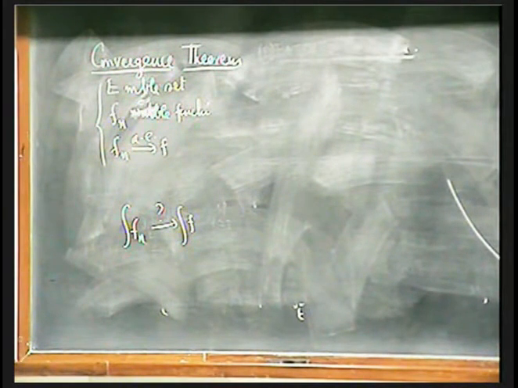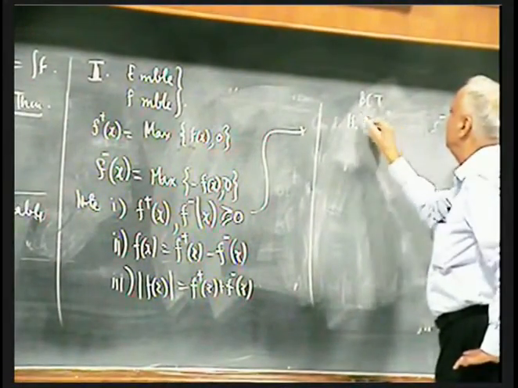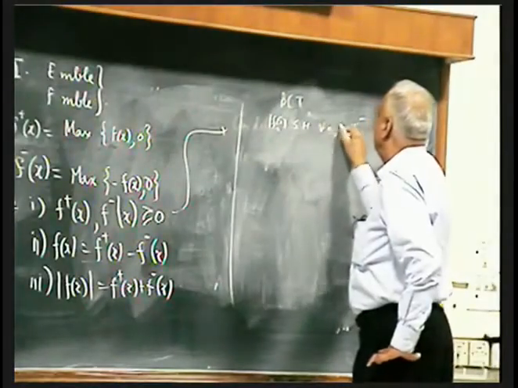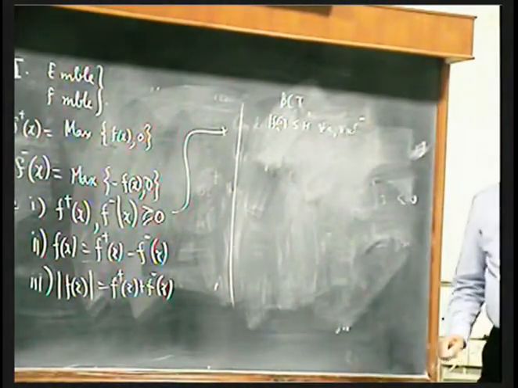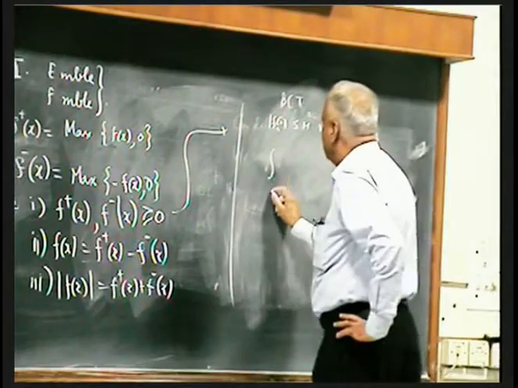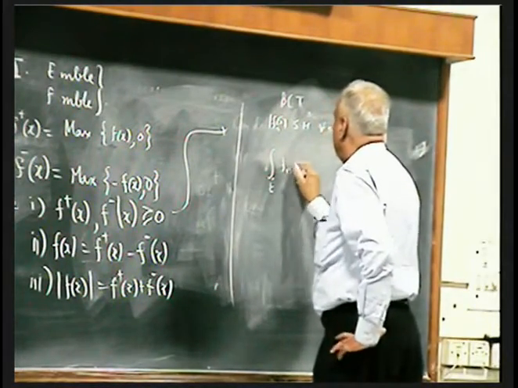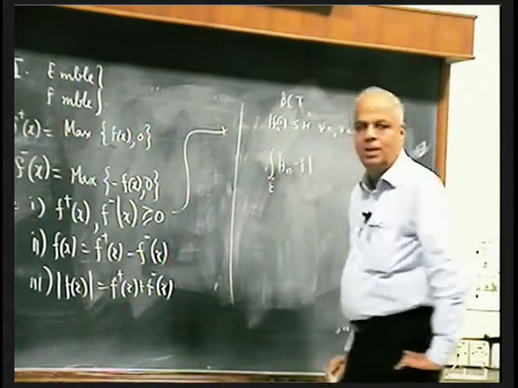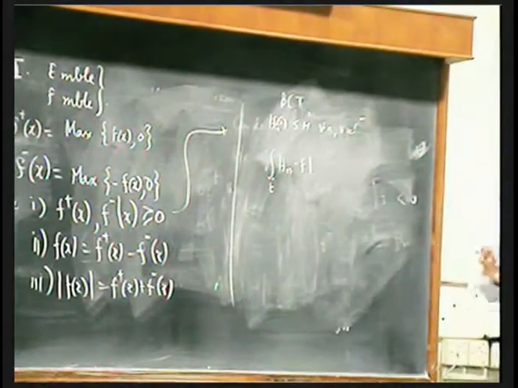If you recall, the bounded convergence theorem is a clue for the hypothesis that you need. In the bounded convergence theorem, we said mod Fn less than or equal to m for every n and for every x. The reason for that was we wanted to look at integral over E of Fn minus f. This is what we wanted to estimate.